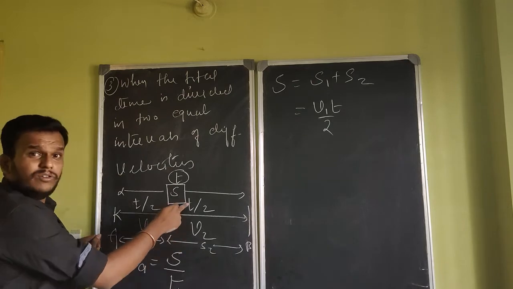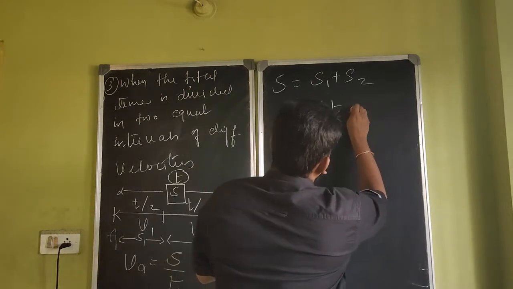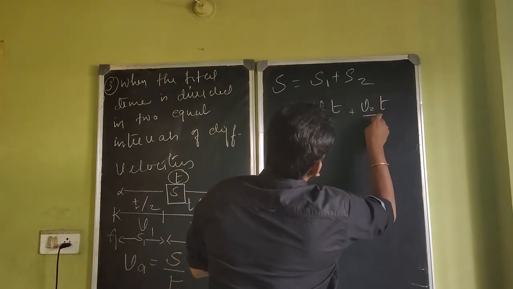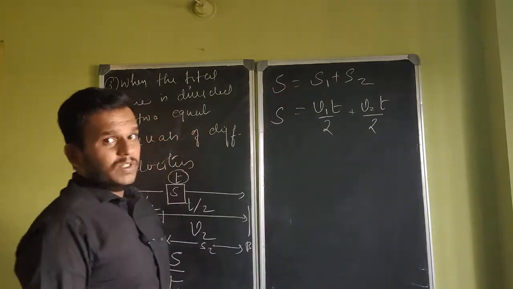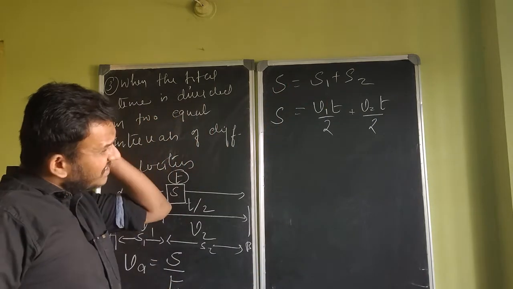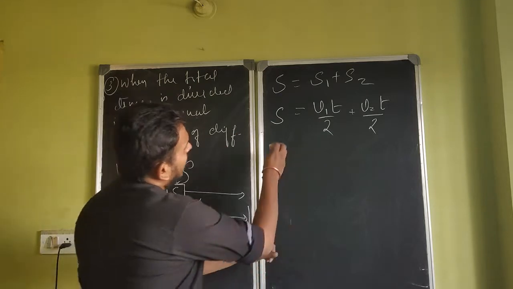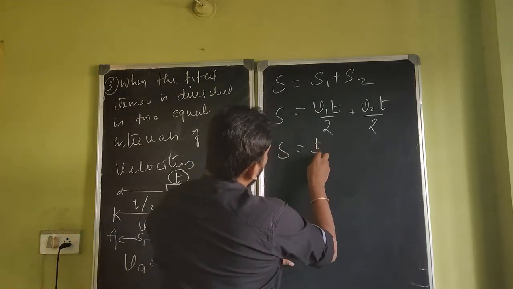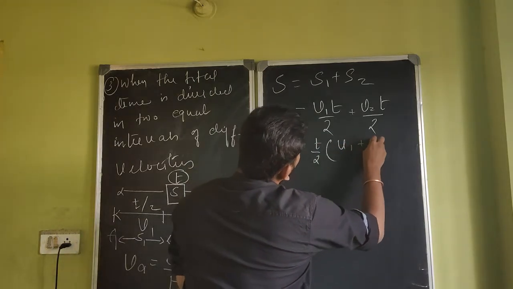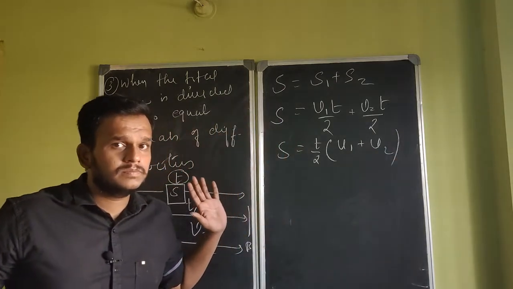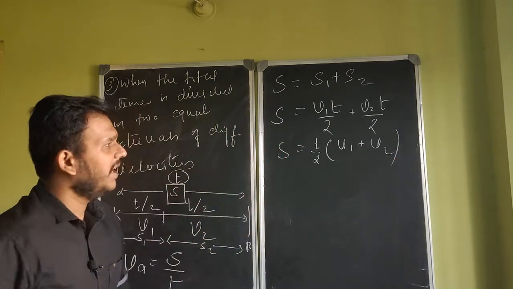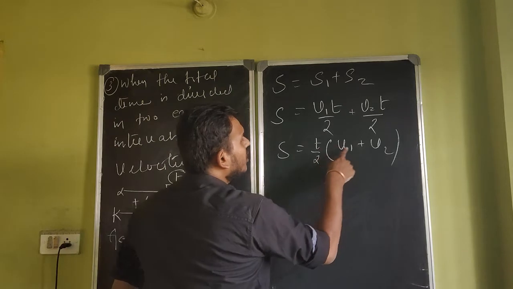S2 will be V2 into T by 2. This will be my total displacement, which I can simplify a little bit. S will be equal to T by 2 common into V1 plus V2. No big deal, right? So S is T by 2 into V1 plus V2.